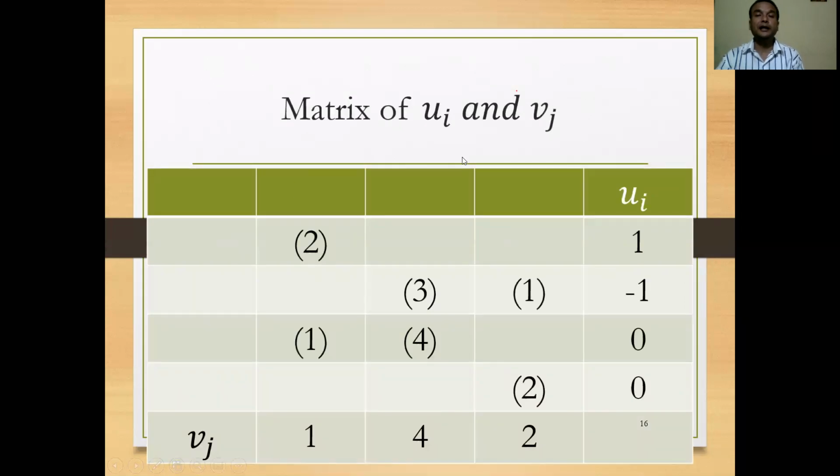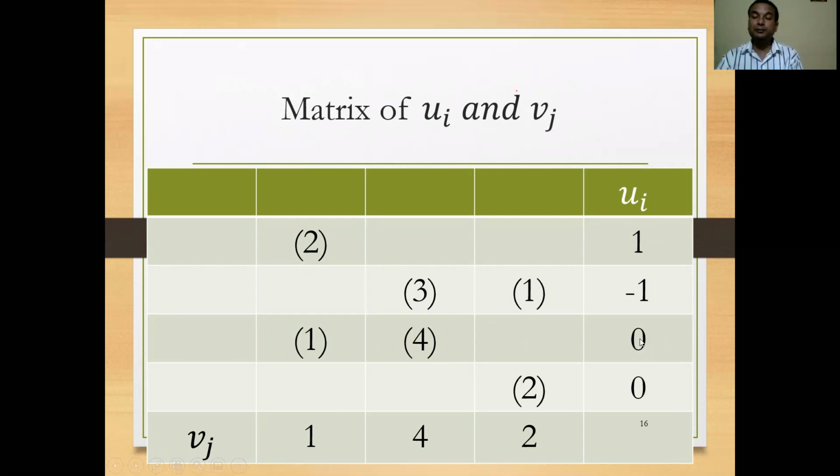We find again Ui Vj by applying the same procedure. Hope you can find it out. Here in Ui Vj, which row has the maximum allocated cells? There are two rows where a similar number of allocations are there. Therefore, we assume any one of these two, and let us assume U3 equals 0.